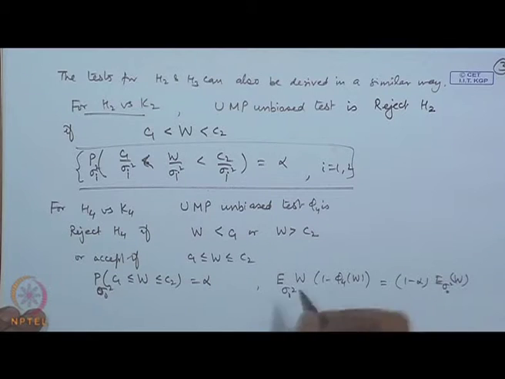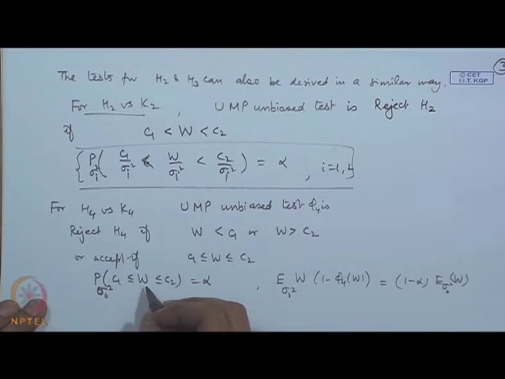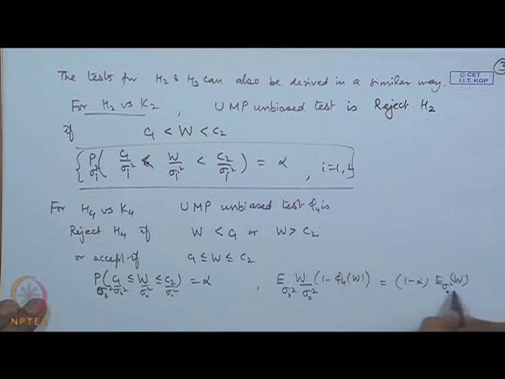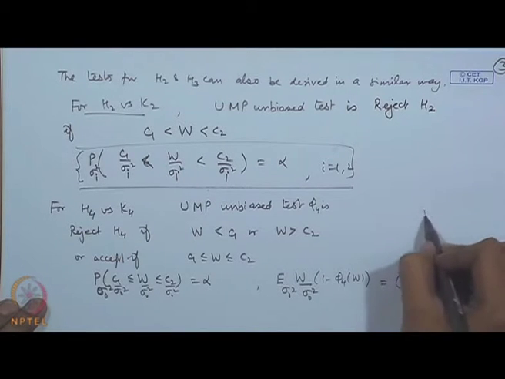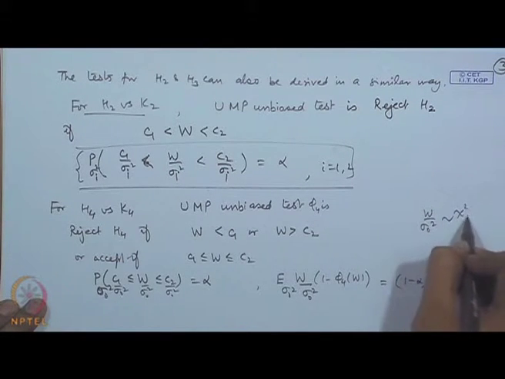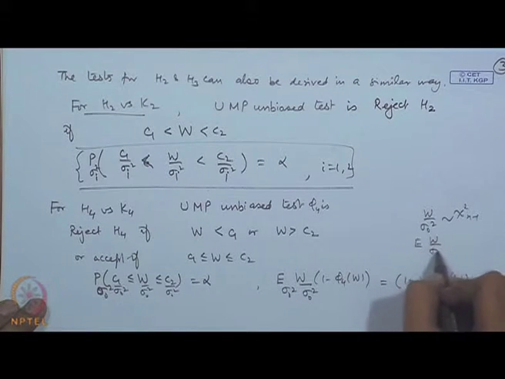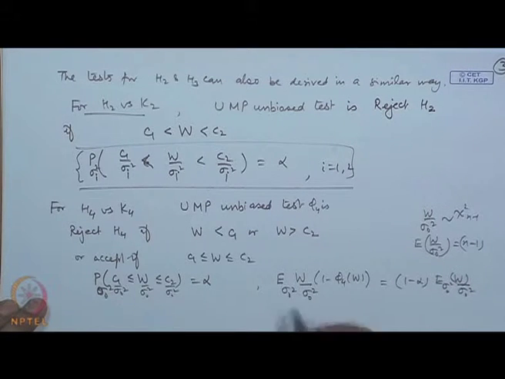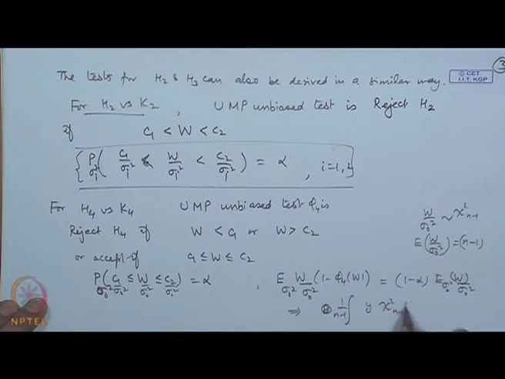Now, in this W you consider the division by sigma naught square. So, for example, here this will become sigma naught square, this becomes sigma naught square, this becomes sigma naught square. So, here also you consider division. So, W by sigma naught square follows chi square n minus 1. So, expectation of W by sigma naught square is equal to n minus 1. So, this second condition will become the integral of 1 by n minus 1 y times chi square n minus 1 density of y dy.